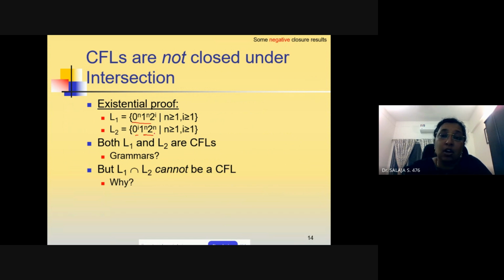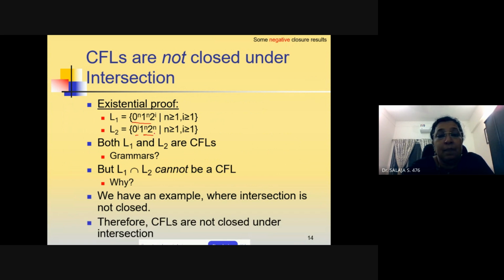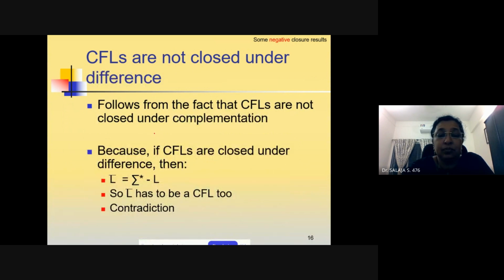Combining, you take all the common strings, the number of zeros will be equal to the number of ones and equal to the number of twos, which cannot be represented by a push down automaton, and your intersection therefore is not context free.